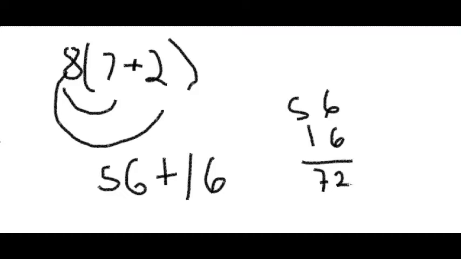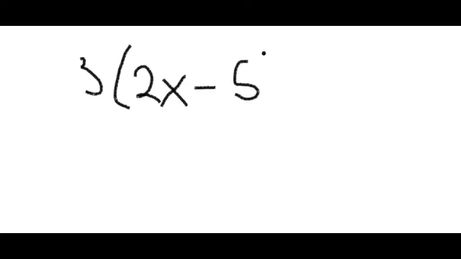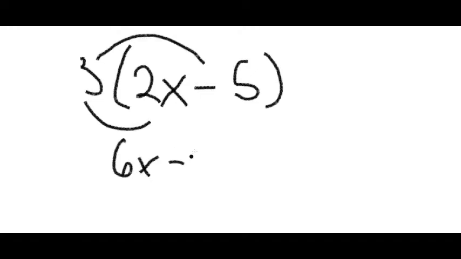Let's do 53. There's an unknown, so that may throw some of you off. We have 3, and I'll change the numbers to 2x minus 5. Alright? Same thing. 3 times 2x becomes 6x, and then 3 times minus 5 becomes minus 15. We can't add these two together because they're different terms.